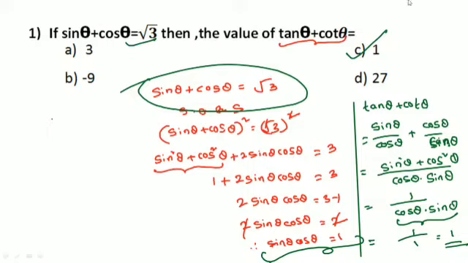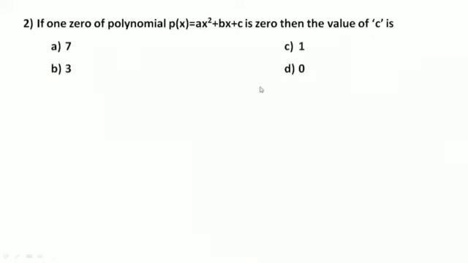Okay. Now let's go to the next problem. The next problem is: if one zero of the polynomial p of x is equal to ax square plus bx plus c is 0, then the value of c. So children, first we need to understand this problem.